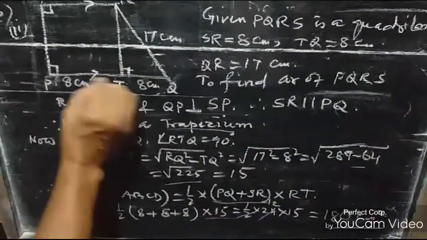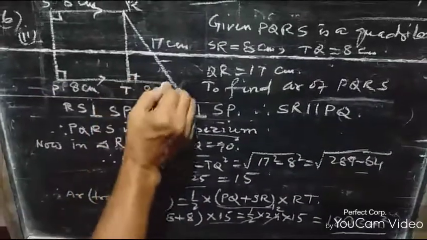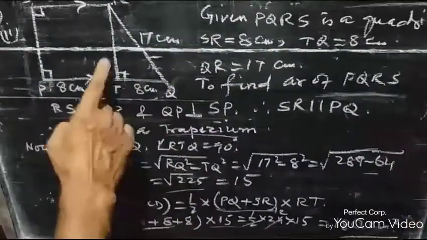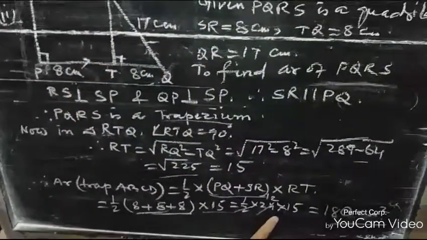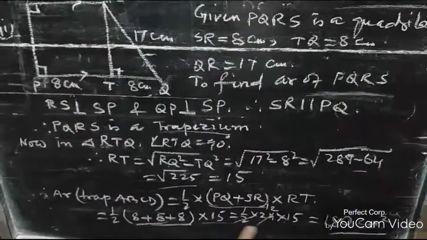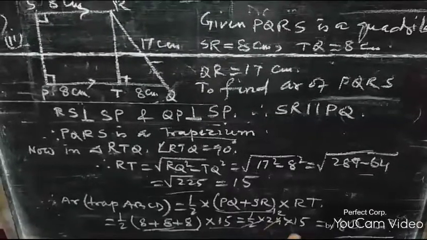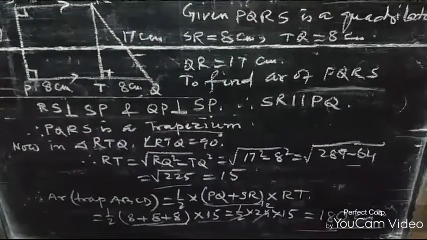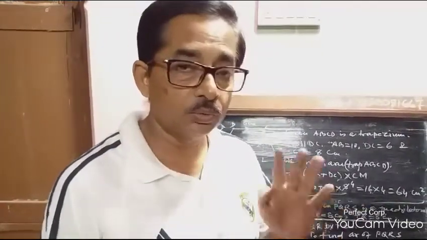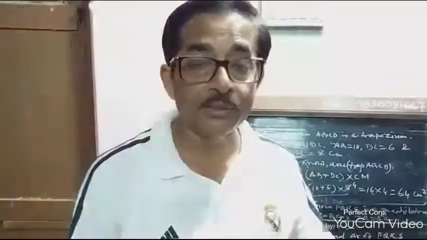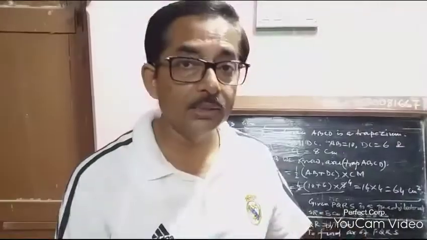Here PQ equals PT plus TQ, that is 8 plus 8, and SR is also 8, and RT is 15. So it is half into 24 into 15, this is 12 into 15 equals 180.